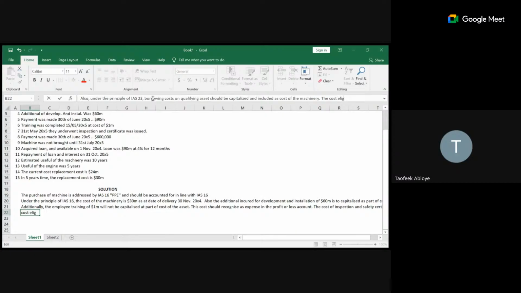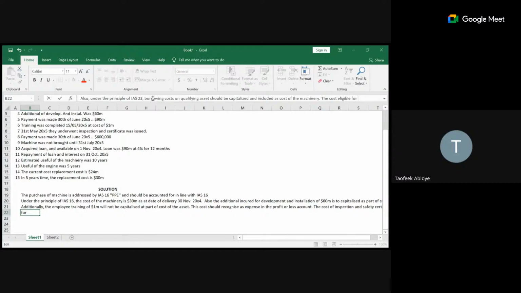They gave us information in the question that the loan is available for 12 months. If you remember, that loan is 12 months. However, the standard is now saying, where did you use this loan for? That is the qualifying period. Please, I will explain it further. Don't worry.